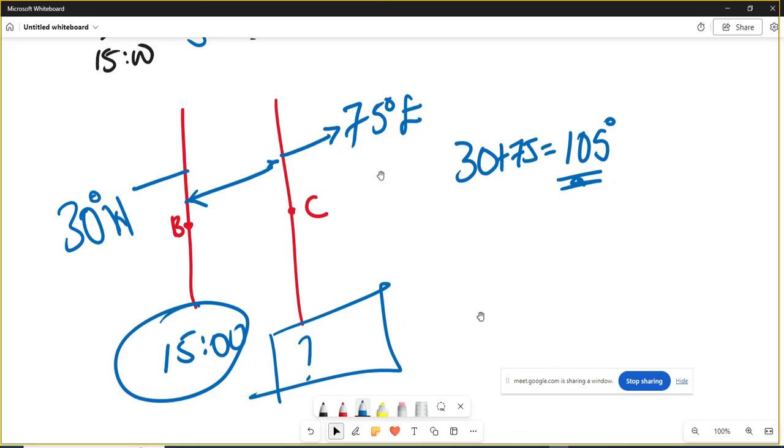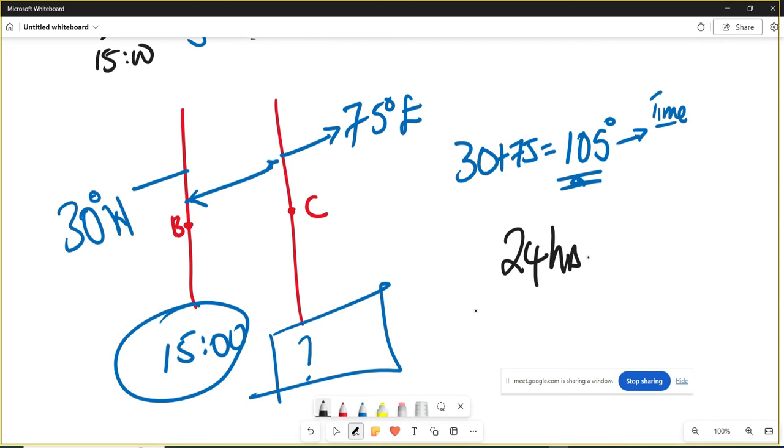Now after knowing the difference in longitude, we need to convert this 105 degrees into time. How? Normally, there's a relationship which says that the Earth rotates every 24 hours, which is a day.